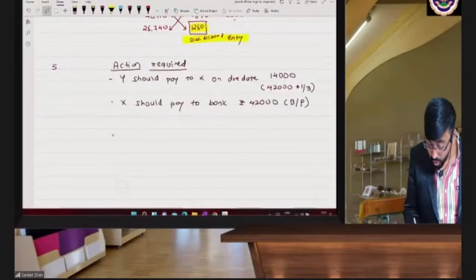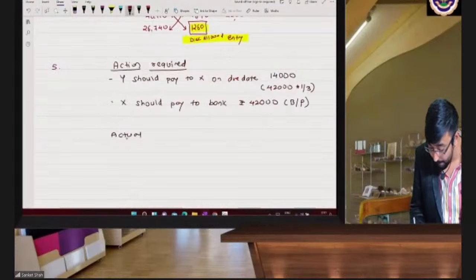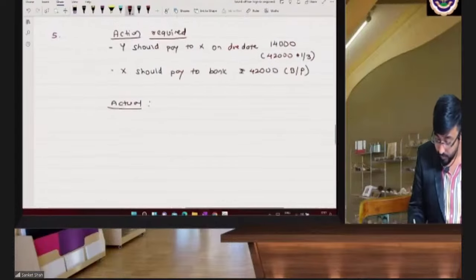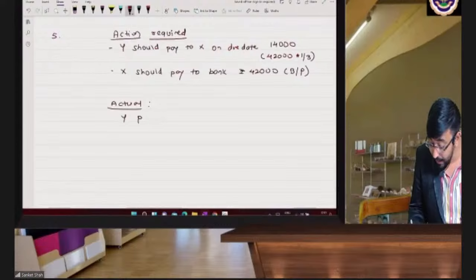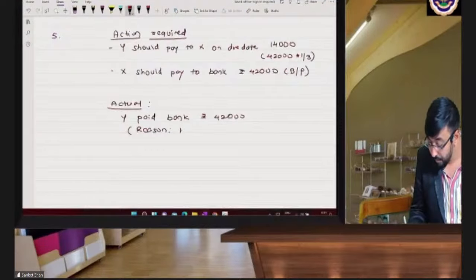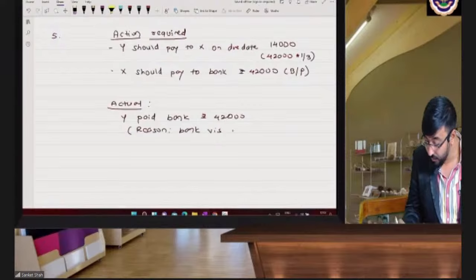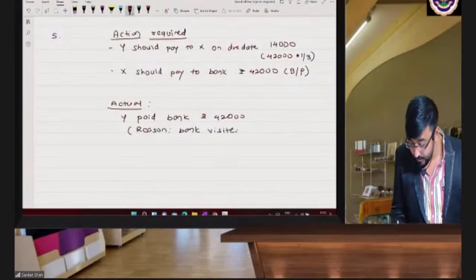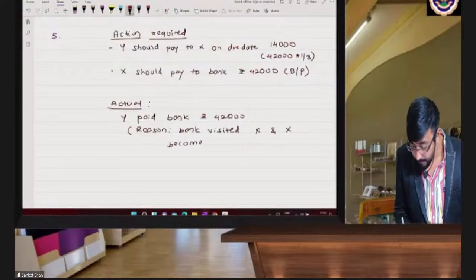But what actually happened? Y paid bank rupees 42,000. Reason? Bank visited X and X becomes insolvent.